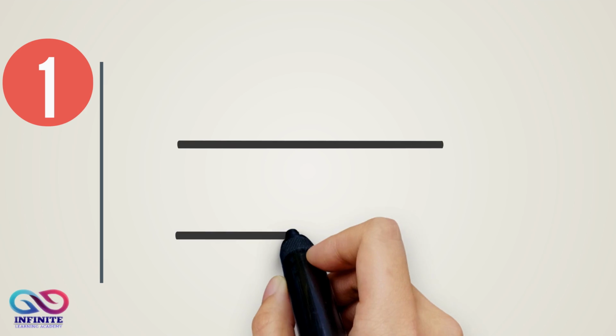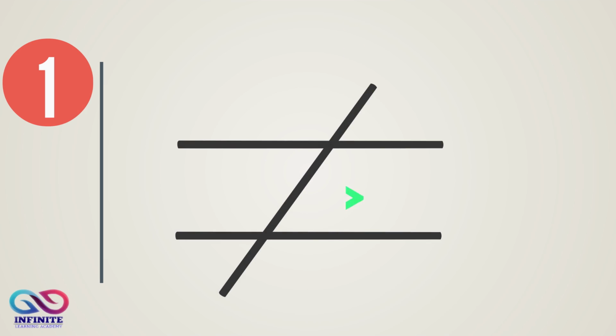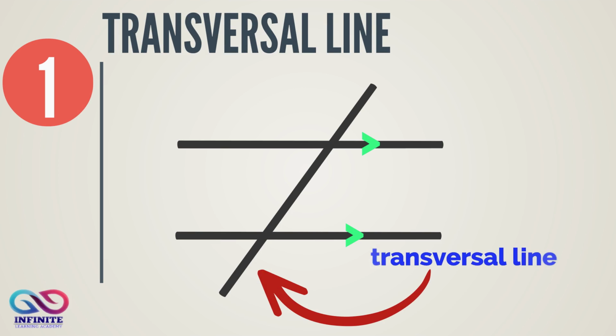Again, a transversal line is a line that crosses or passes through two other lines. However, the two other lines do not have to be parallel lines. When this happens, several angles are created. You can use these angles to find the measurements of other angles.